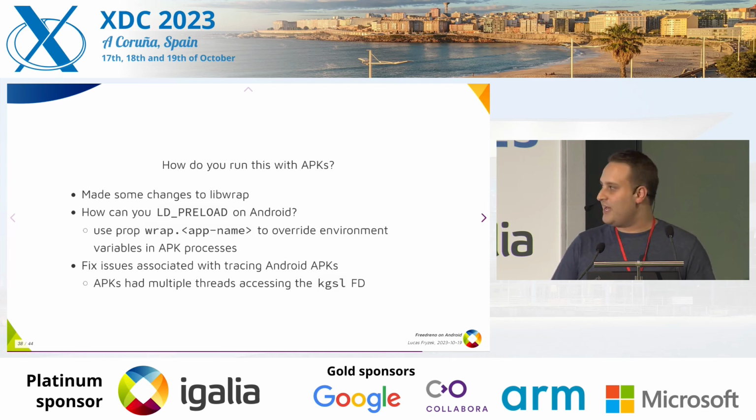So you can go ahead and use ADB shell to set the wrap.<app name> property, for whatever app you're testing, and then override environment variables like LD_PRELOAD to get it to preload libwrap, and then use that to start dumping the GPU command stream.